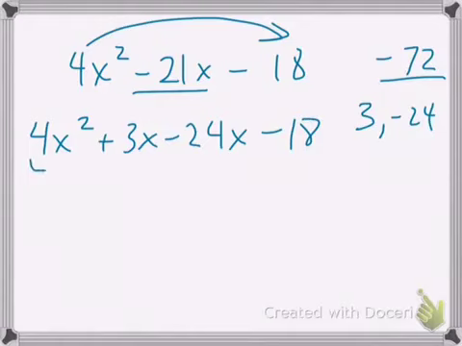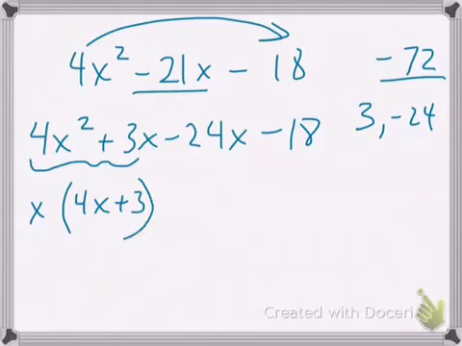Do we have a GCF here? What's the GCF in the first two terms? X, right? Times 4x plus 3. And I'm going to take out a negative 6 between these two terms. And that'll leave me with 4x plus 3.